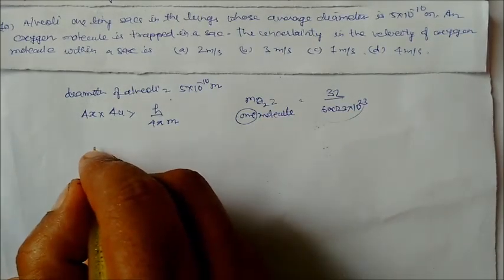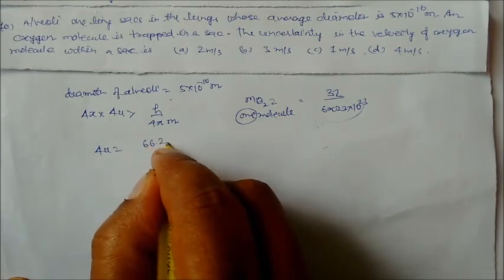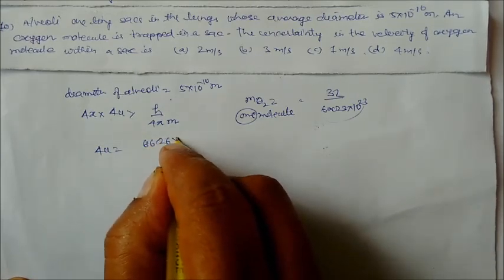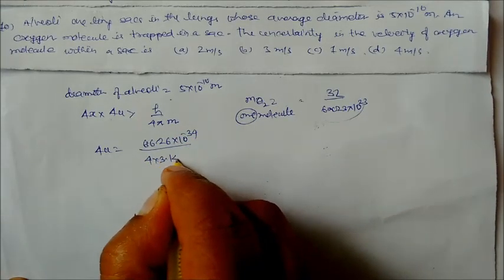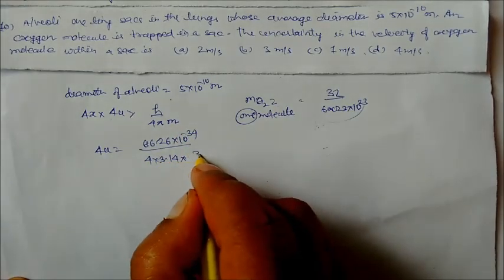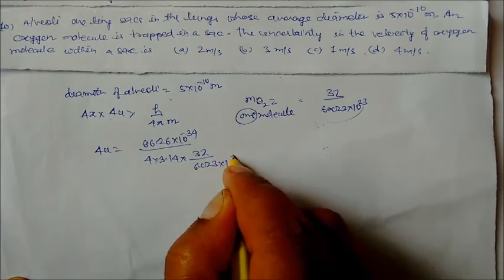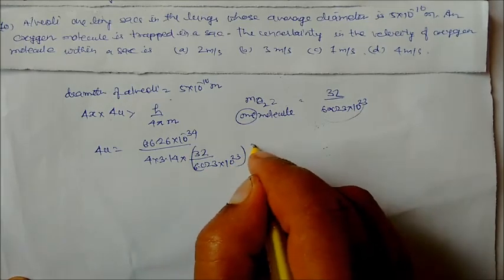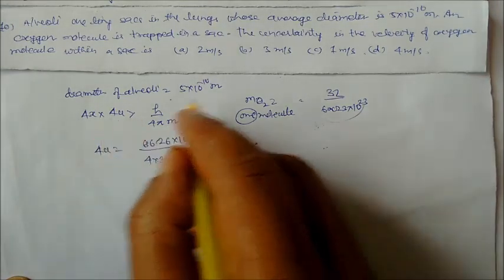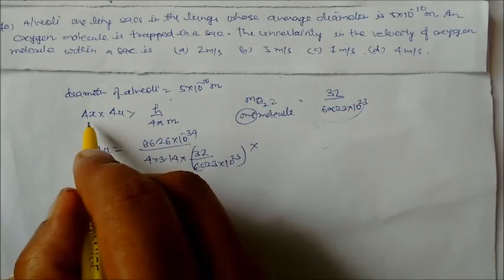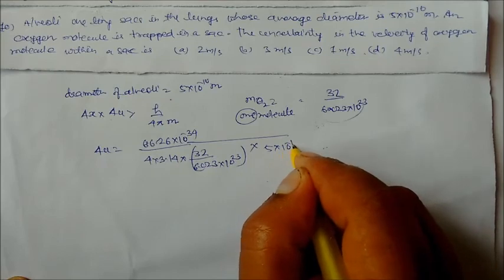Now you put this value. So delta u is equal to h, which is 6.626 into 10 to the power minus 34, over 4 into 3.14 and the mass of the molecule, 32 divided by 6.023 into 10 to the power 23, multiplied by delta x, which is 5 into 10 power minus 10 meter.